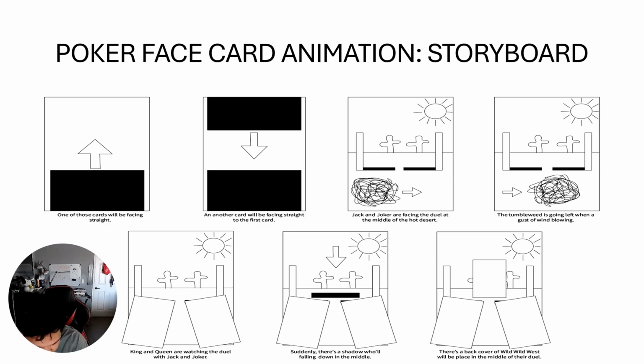Then you see the arrow with the shadow on it. That means the card will be falling down, and that's why they stop facing the duel. The arrows just show up in the middle of the desert, and you can see it is the middle of the desert by the shadows.